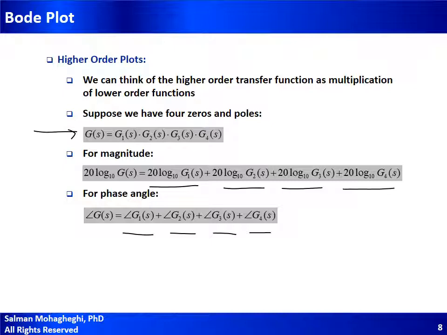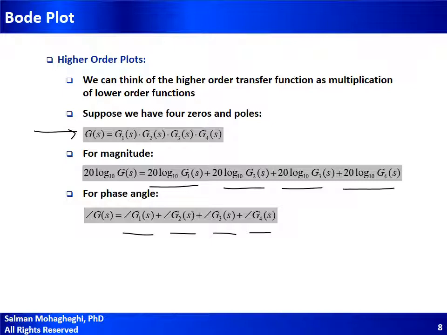So this is actually a very interesting condition that we can use for higher order plots. If I can break my higher order system into lower order systems, ideally first order and second order, I can just look at the Bode plot of the individual items and the phase plot of individual items and just add them together.